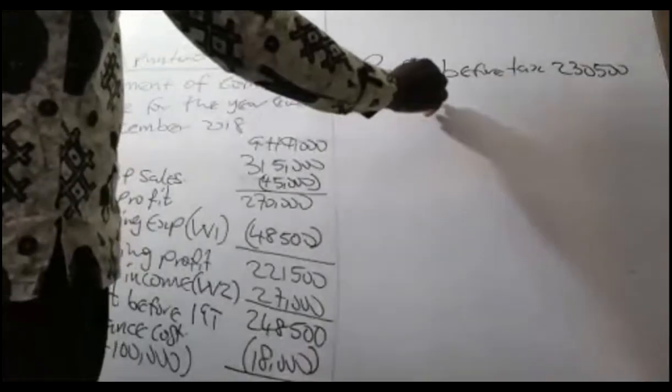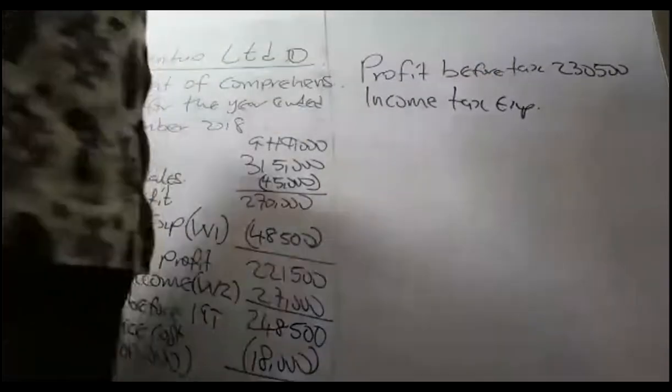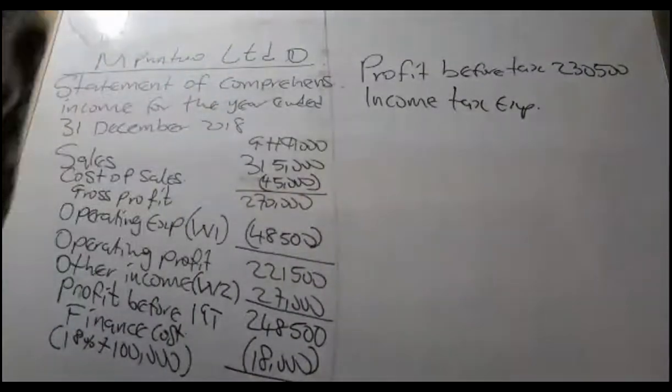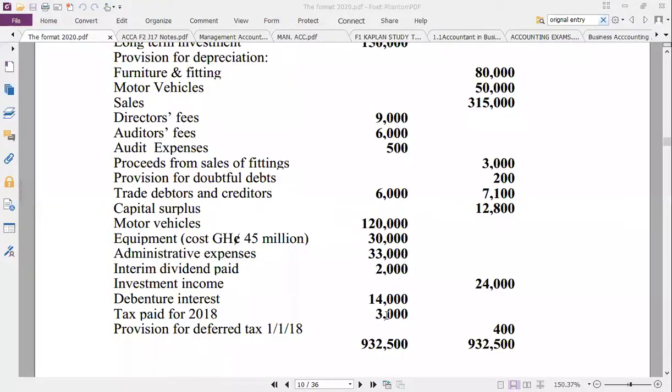This section, that one I will handle. So let's go to the question. They paid a tax of 3,000. So tax paid for the year, 3,000. I don't need to worry about the tax section.